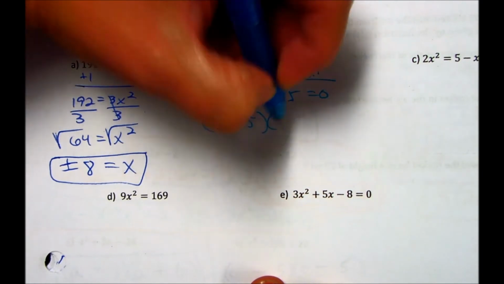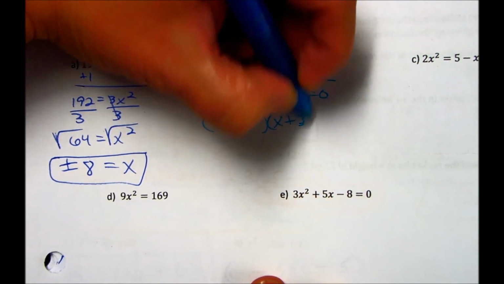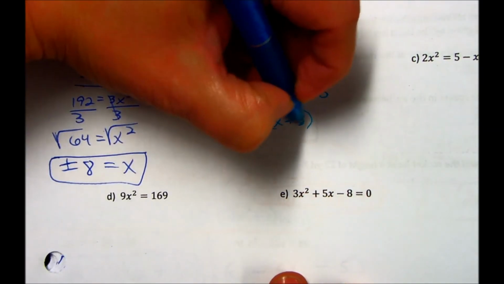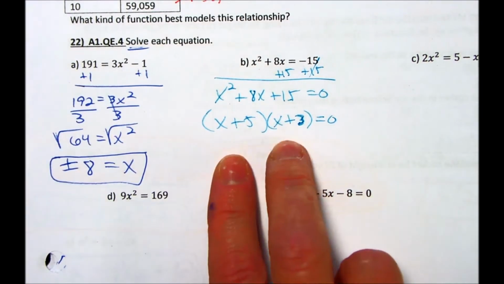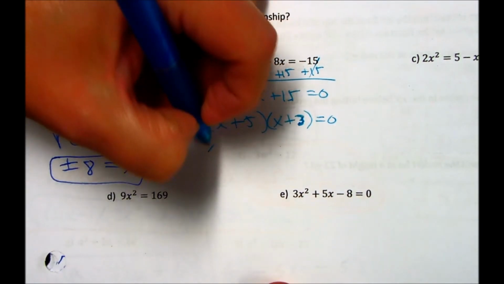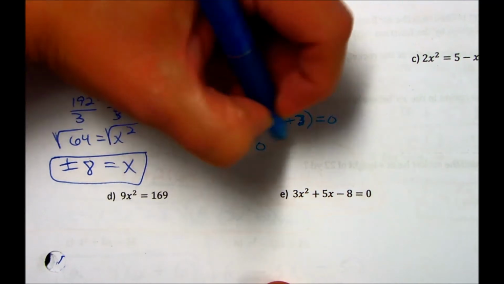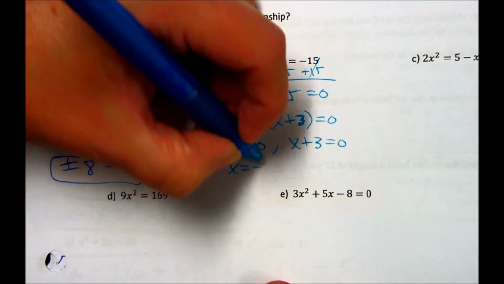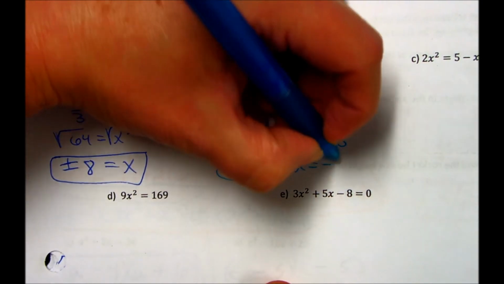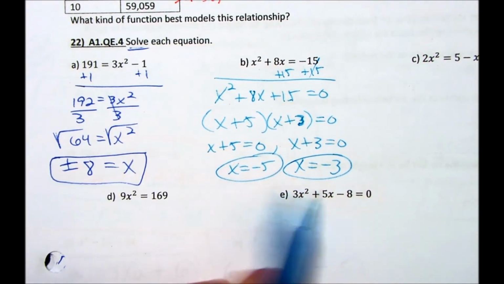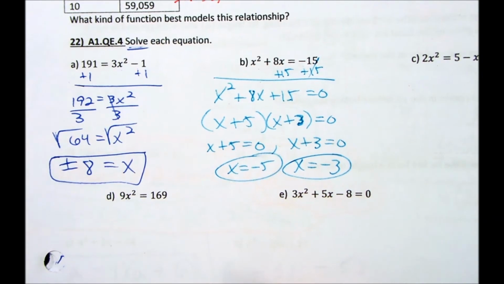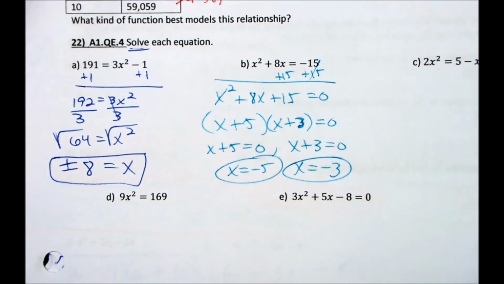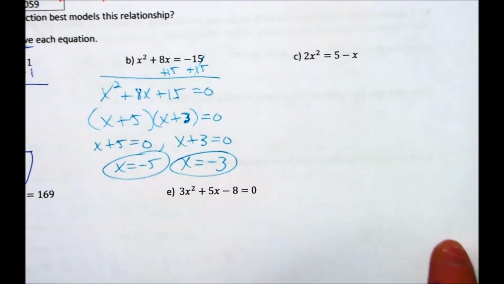So when I factor it, it would factor into (x plus 5)(x plus 3). And then once it's factored and set equal to 0, we can set each little equation equal to 0 and solve each one. So that's going to give me x equals -5 and x equals -3. So both of those numbers, if I were to substitute them back into the original equation, would be solutions and they would work.